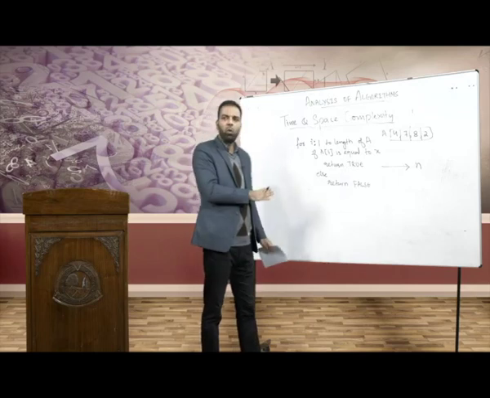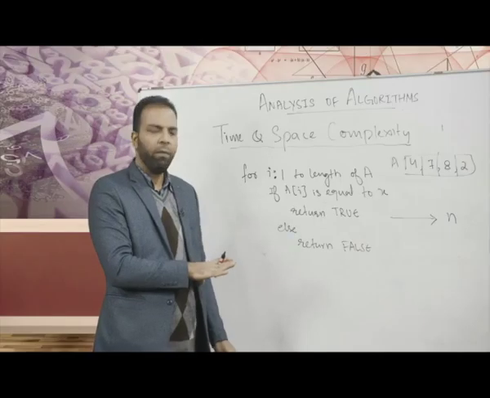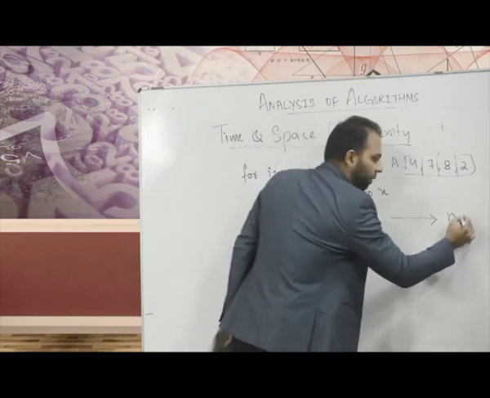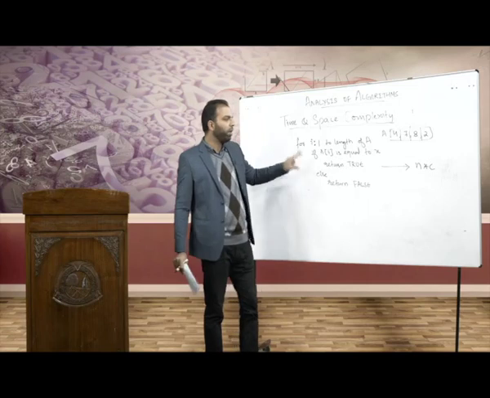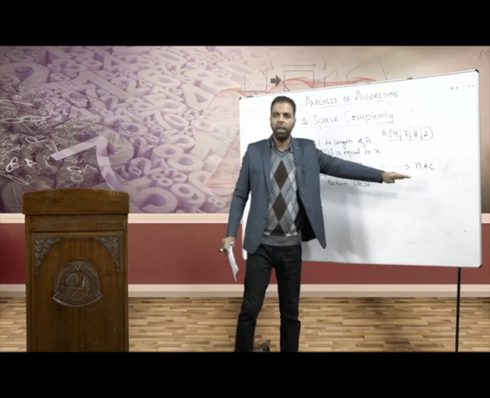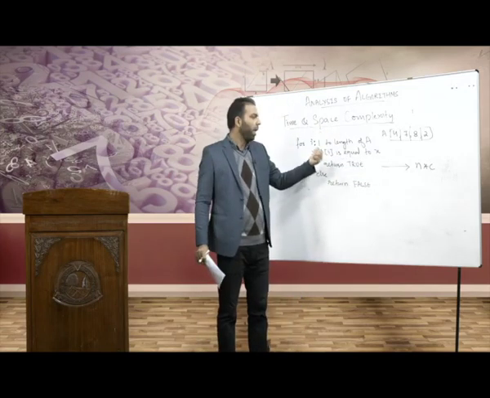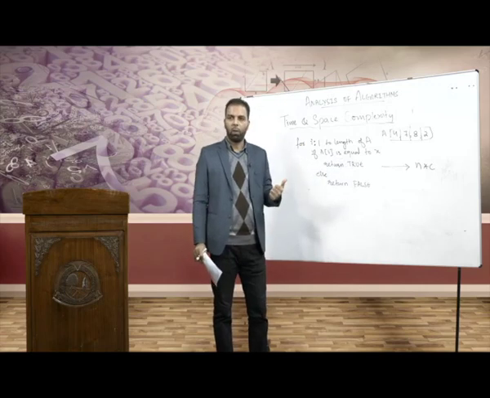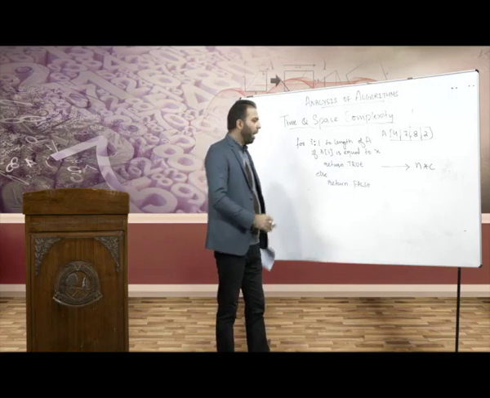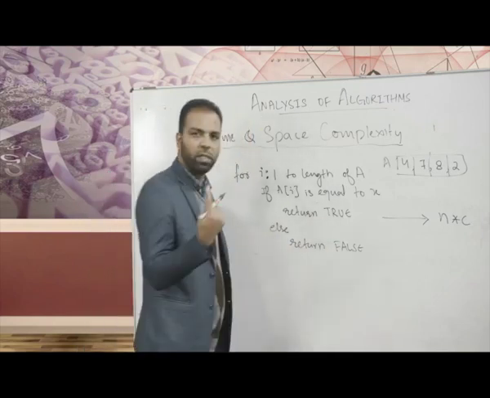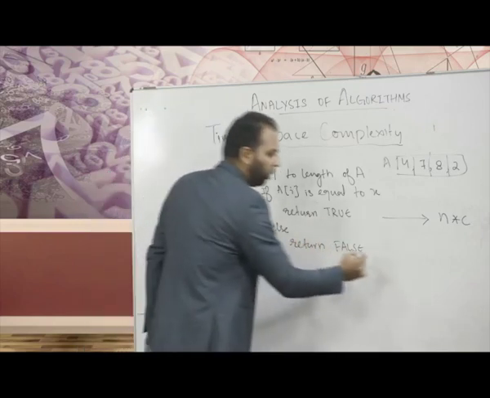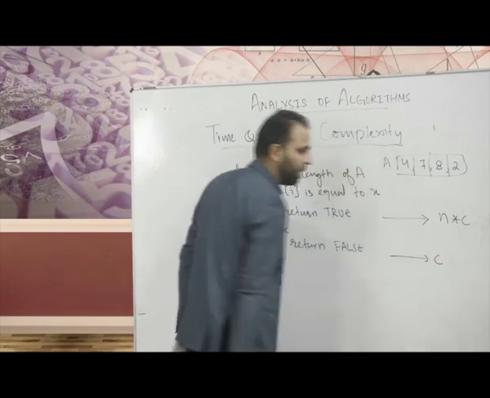We have already assumed that a comparison takes a fixed amount of time, say c. So this statement is going to take n cross c, because it will be executed n times in the worst case. We are assuming worst case here. And the return false statement will be executed only once, at the end, so that is c.